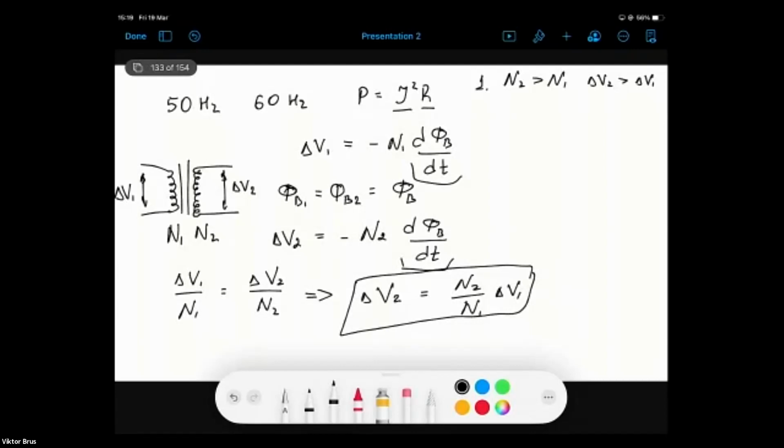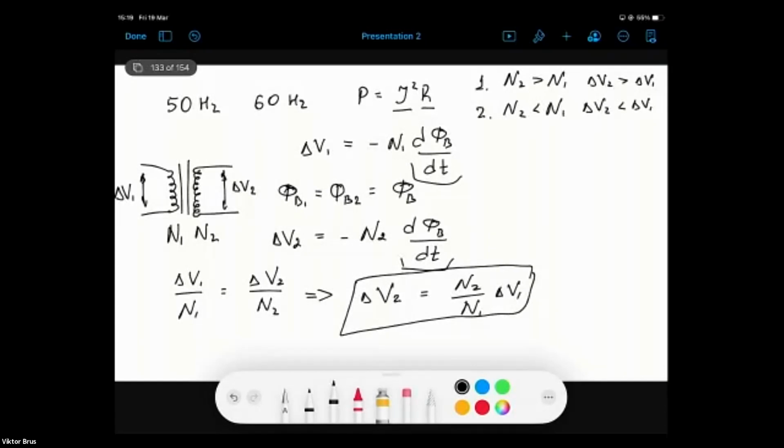So second option, which is also quite common, is when N2 is smaller than N1. So in this case, delta V2 is smaller than delta V1. So this is the so-called step-down transformer.